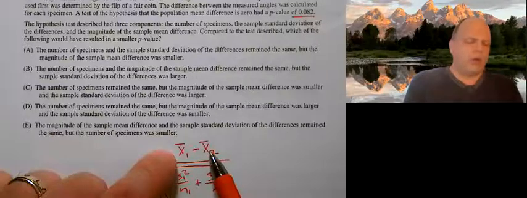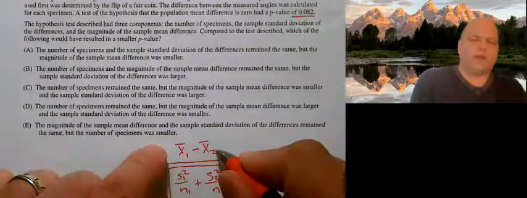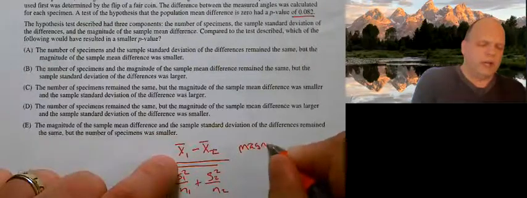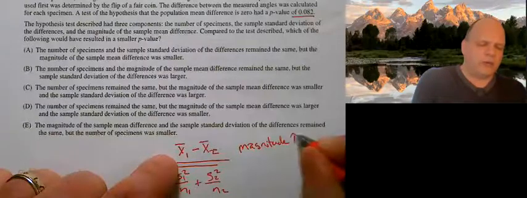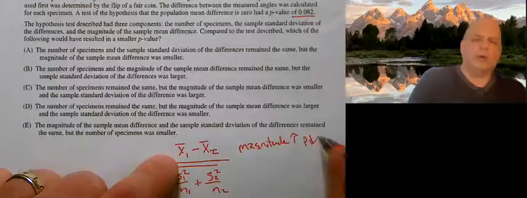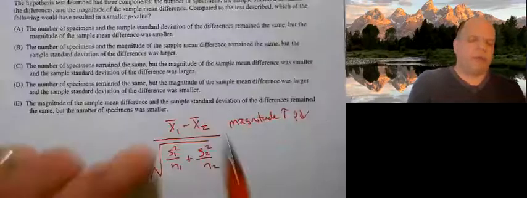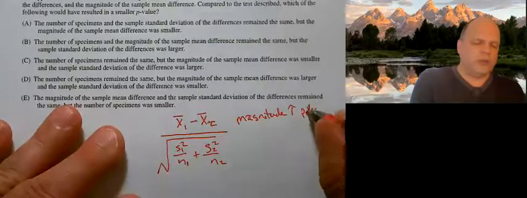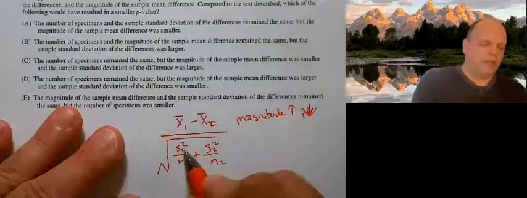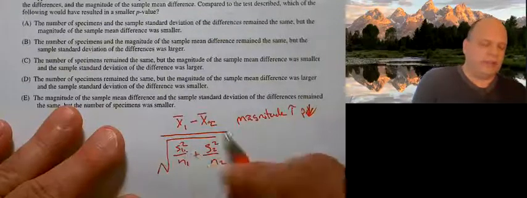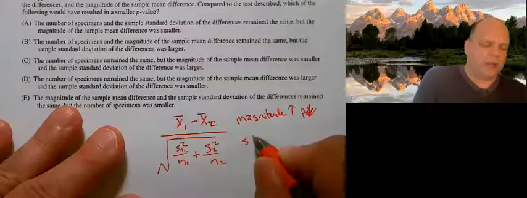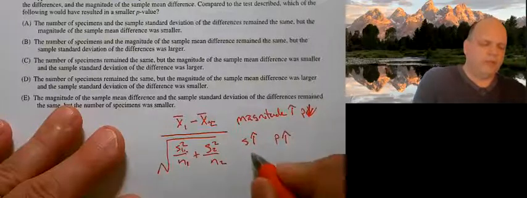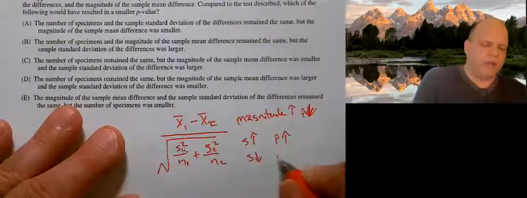As the difference between these gets farther and farther apart, this is known as the magnitude, that distance. So as magnitude increases, p-value goes down. As this gets farther and farther apart, we're more likely to reject, which means we have a smaller p-value. So as magnitude goes up, p-value goes down. As standard deviation goes up, as S goes up, p-value goes up. So if S goes down, p-value goes down.